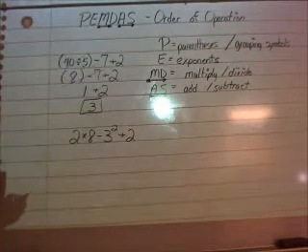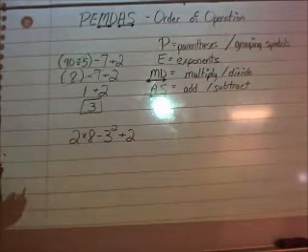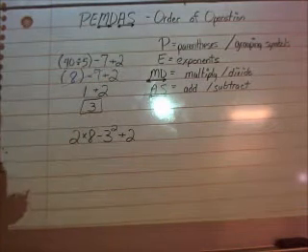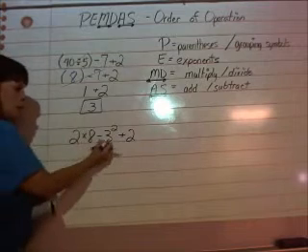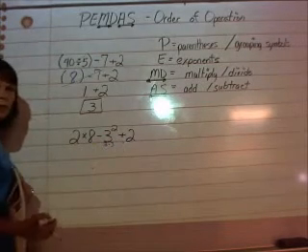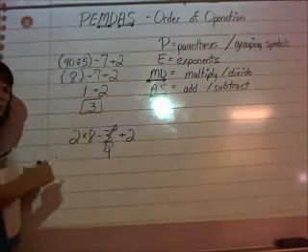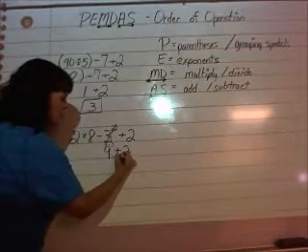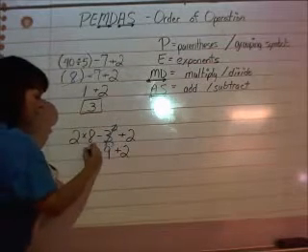Now, starting at the very top, do I have any parentheses? No. So do I have any exponents? Well, I do. I have 3 to the second power. And if you remember, 3 to the second power is like having 3 times 3. And 3 times 3 is going to give me 9. So I did this. Everything else has to come down to that next level, in front of it and behind it.